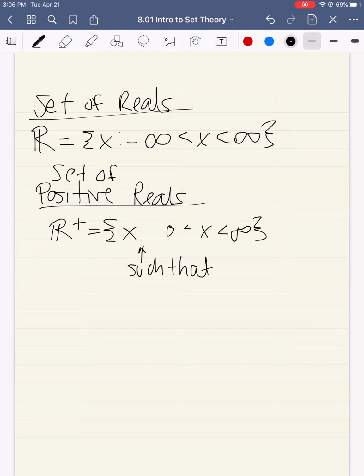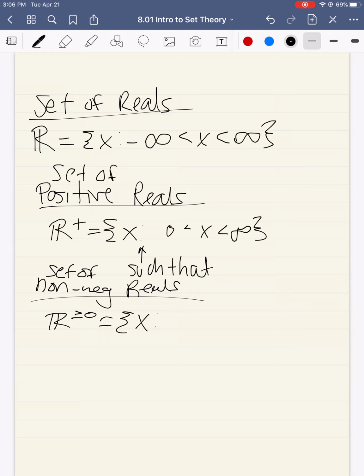And then the non-negative reals we have as R greater than or equal to 0, which is equal to the set of x such that x is between 0 inclusively and infinity.